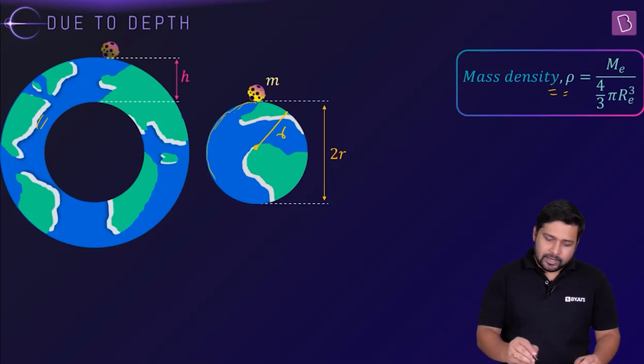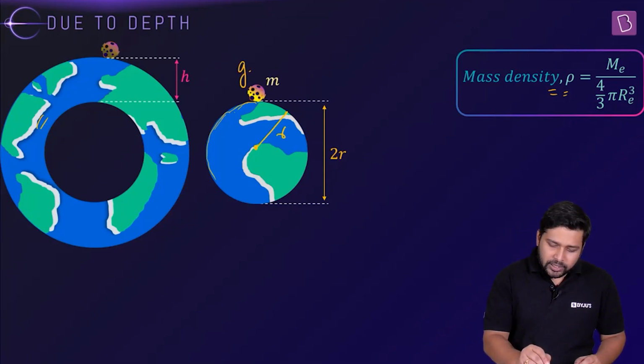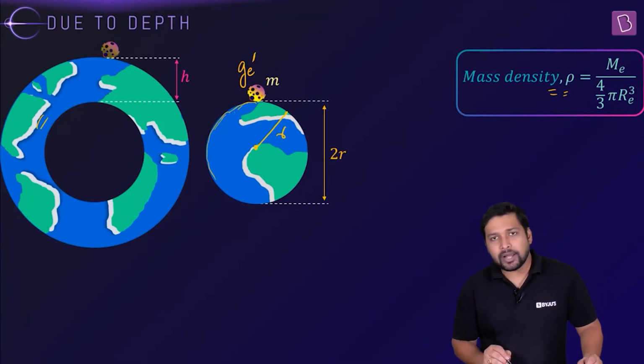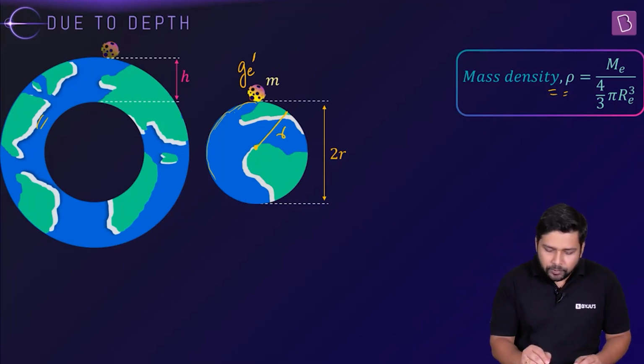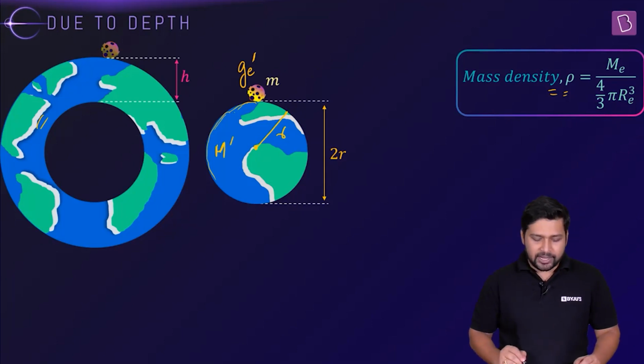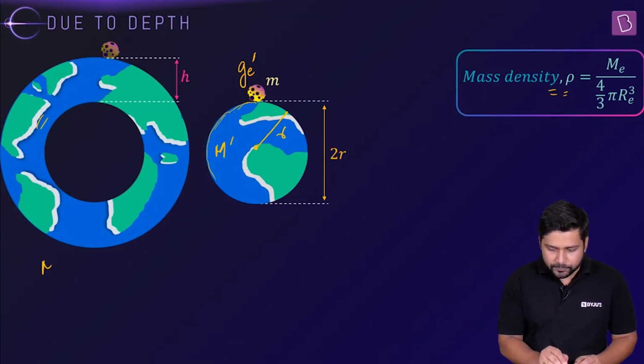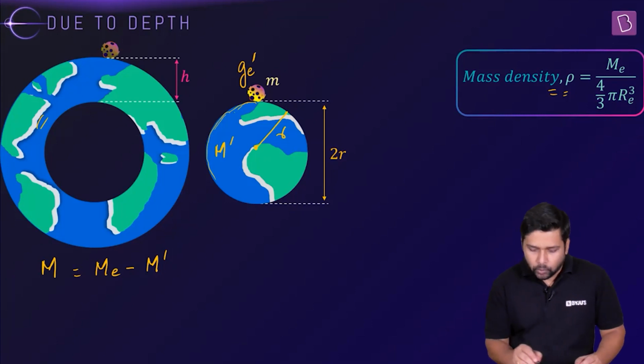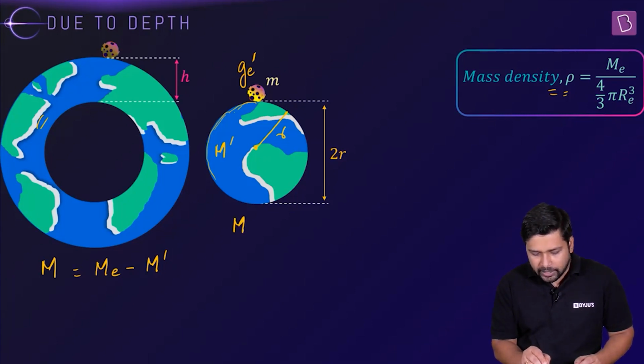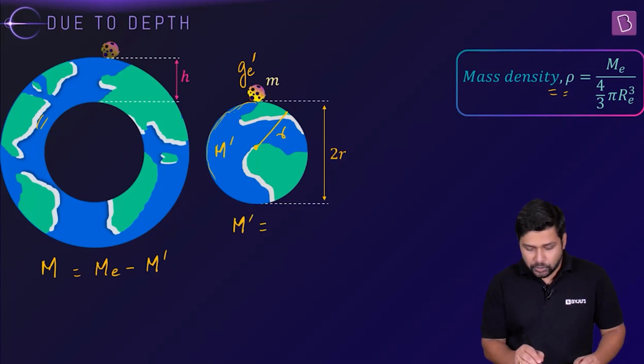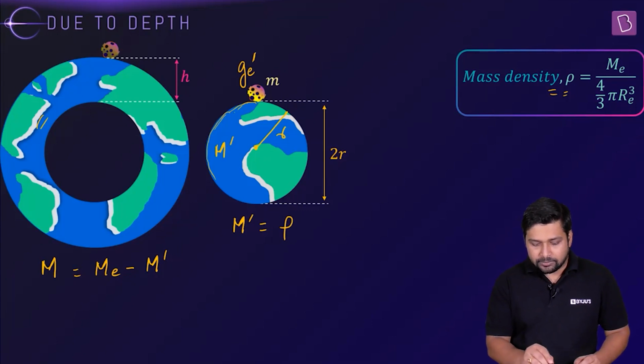Now let's say that at this point the value of acceleration due to gravity is g dash. What will be the mass of this part? Let's call the mass of this part M dash, and the mass of the remaining part will be M, the mass of the earth, minus M dash. M dash will be equal to density times volume, which is 4/3 pi small r cubed.